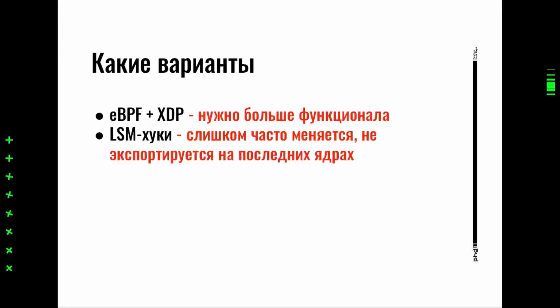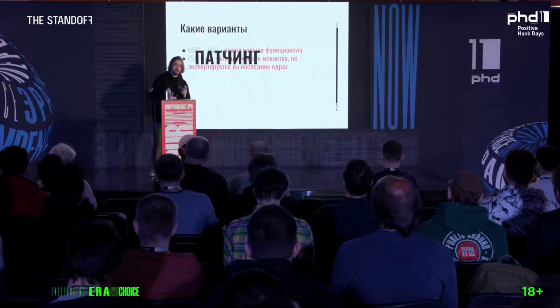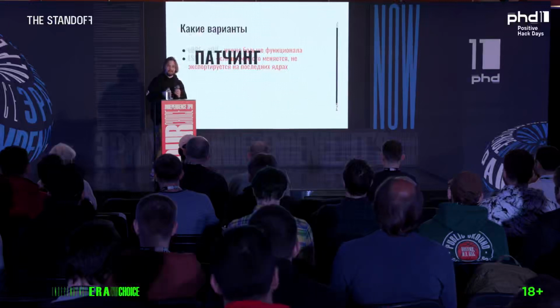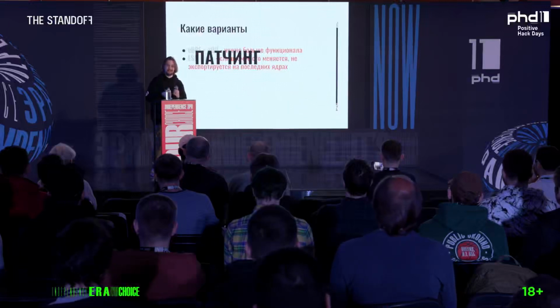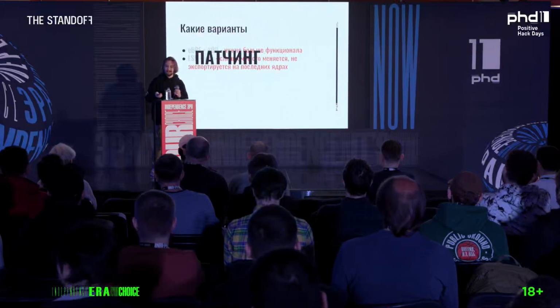Okay, what are the options left? We can use ftrace, and you can also use kprobes. Well, this doesn't really work, so we'll use patching, kernel patching. Why so? Well, it works in any case, if you code it properly, and we'll be talking about it.